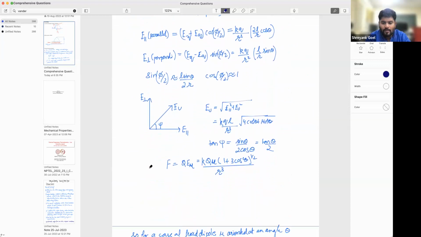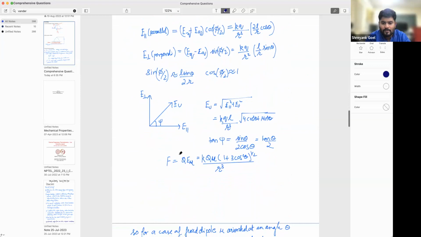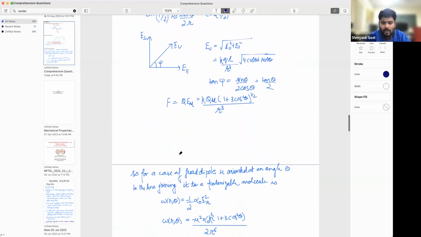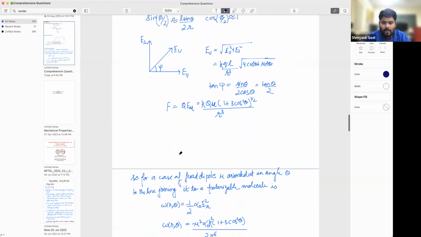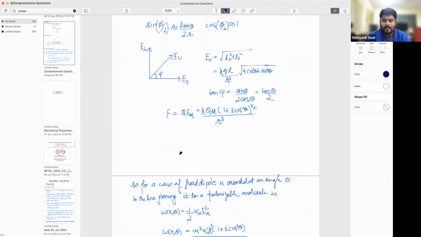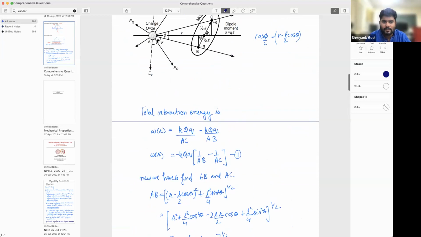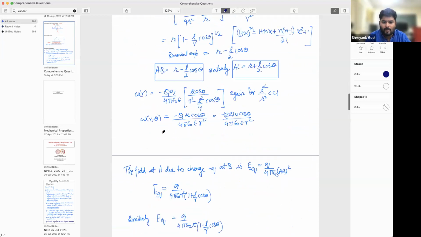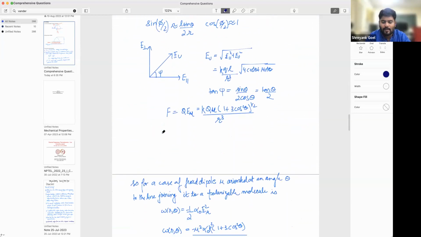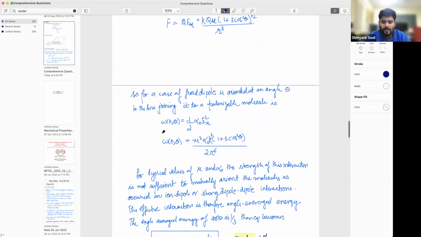Now we have calculated this force. Now we have another dipole instead of that. We generalized it so that instead of a charge, we now have a dipole here, and it is affected by the electric field due to the other dipole.